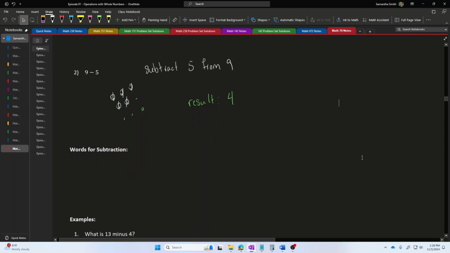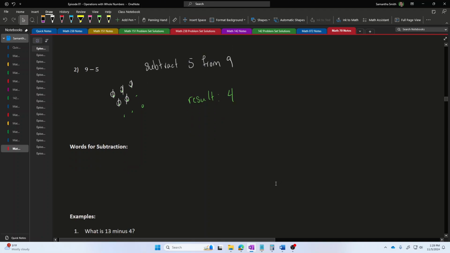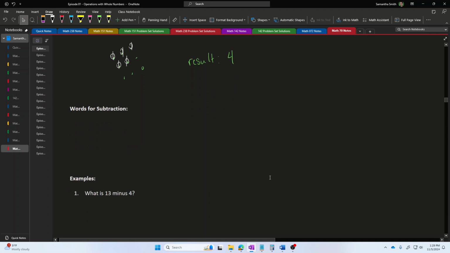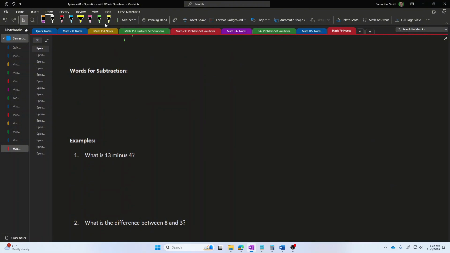Now, there are a couple of English words that are used to represent subtraction. For example, if you hear the word minus, that is asking you to subtract. If you hear the word difference, that is used to tell you to subtract. If you hear the words less than, that is also a common way to be instructed to subtract.